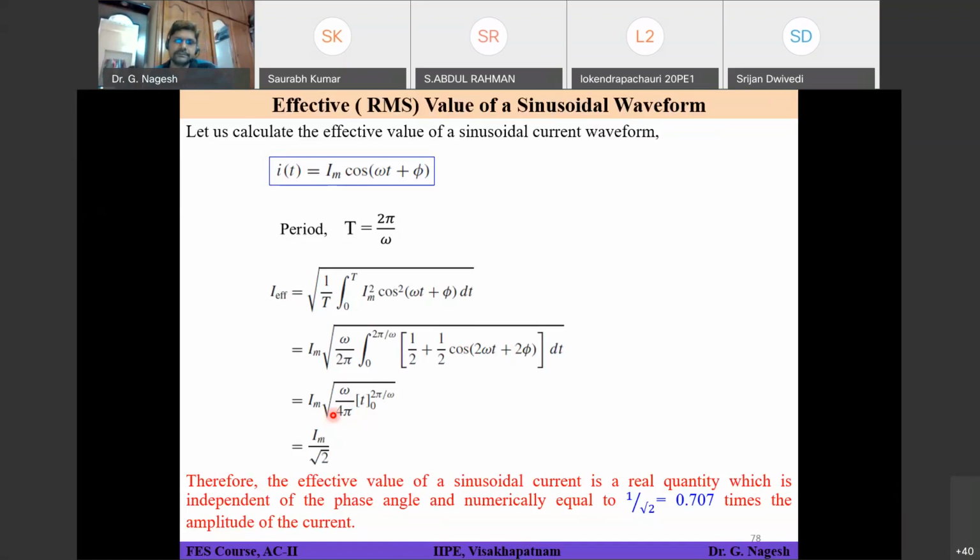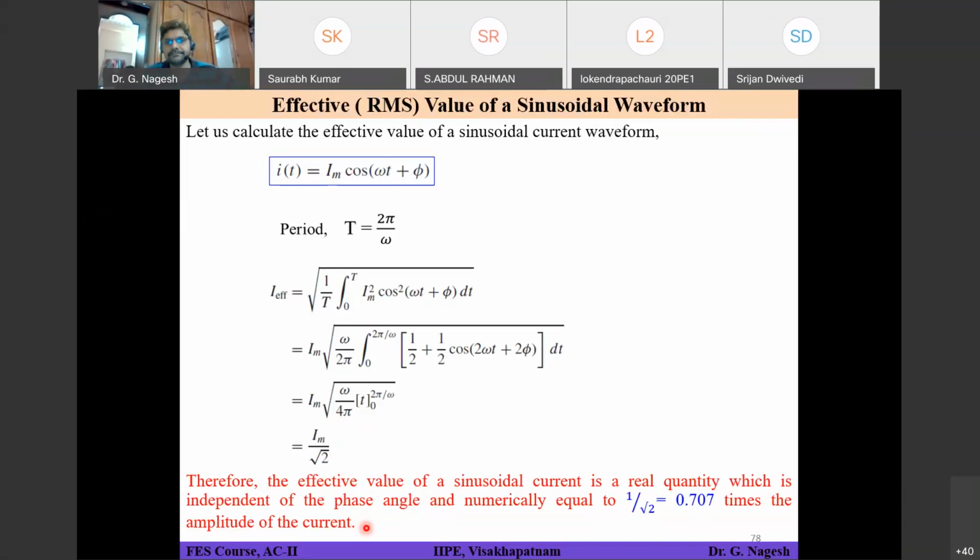Therefore the effective value of a sinusoidal current is a real quantity, independent of the phase angle and numerically equal to 1 by root 2, that means 0.707 times the amplitude of the current. So the effective value is 0.707 times your maximum current Im.